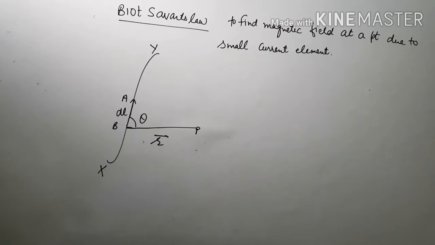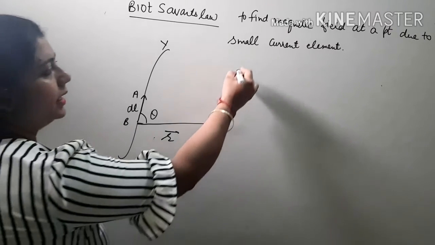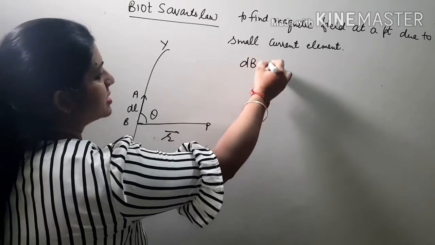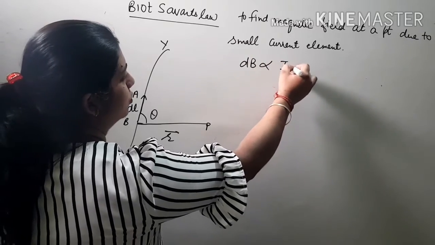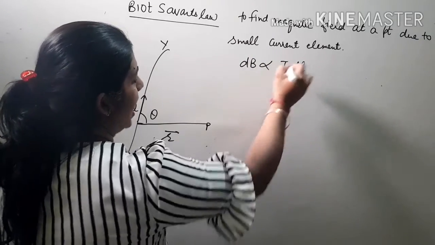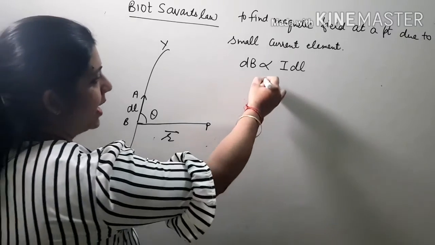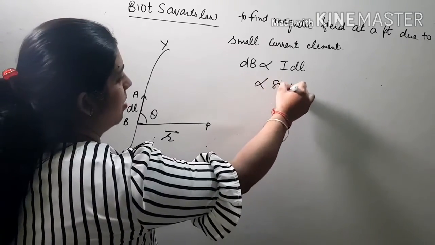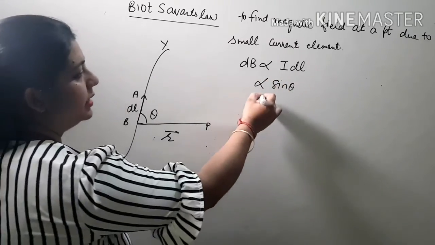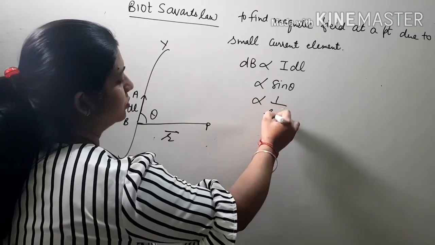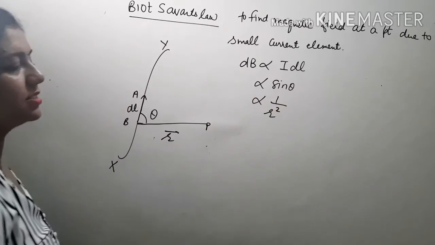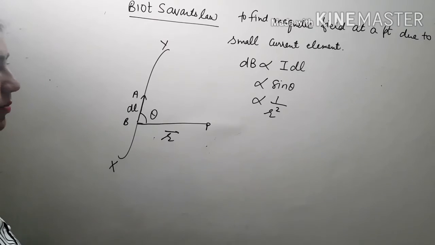So according to Biot-Savart's law, magnetic field is directly proportional to the current element, that is I dl, and the sine component, and inversely proportional to the square of the distance between them.